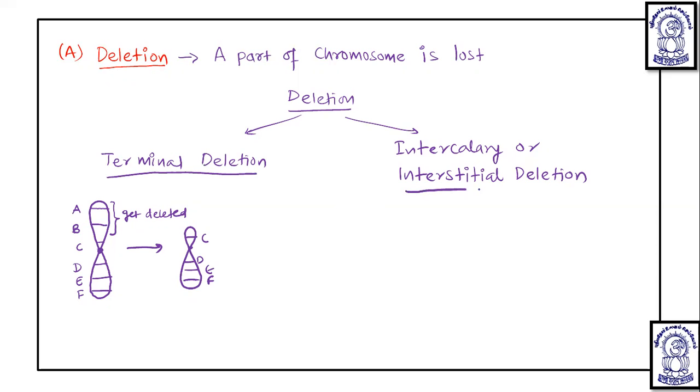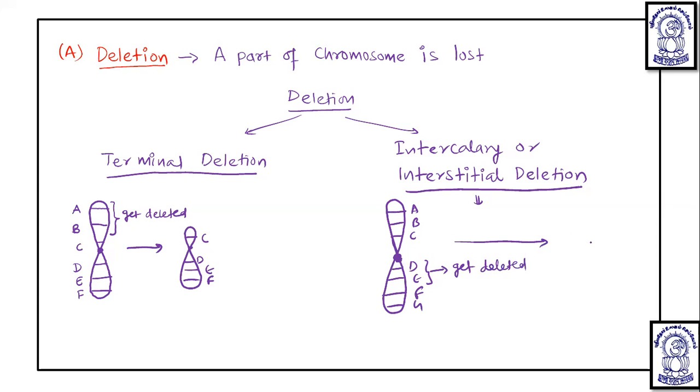Now in intercalary or interstitial deletion, the deletion occurs in the middle position. For that we can take an example. Suppose this is A, B, C, D, E, F, and G. Now suppose D and E get deleted.